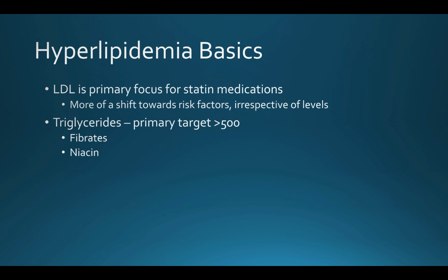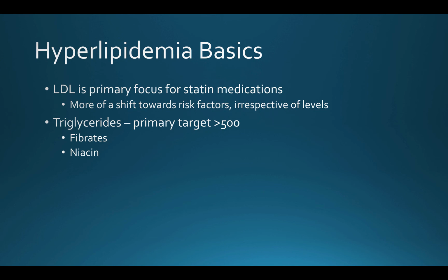With hyperlipidemia, you can certainly have elevated triglycerides, and the big risk with triglycerides is pancreatitis. As those triglycerides get above 500 or so, we definitely worry about pancreatitis, and we definitely implement treatment in patients with triglycerides over 500.